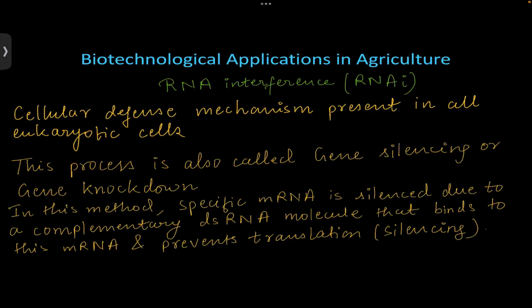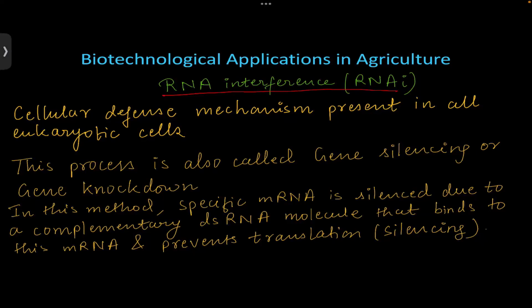Now, next, before moving on to another strategy of making crops foolproof from pests, let us first understand a technique called RNA interference or RNAi. Okay, we have to first understand what is RNA interference or RNAi.